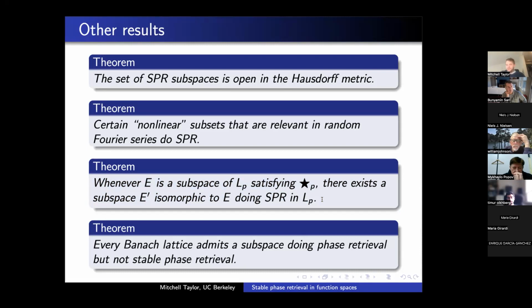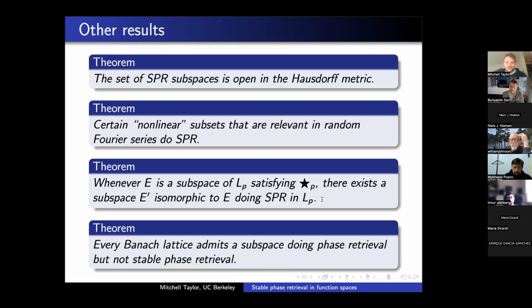One thing we were interested in is classifying, up to Banach space isomorphism, all subspaces of a Banach lattice that do stable phase retrieval. And for every example so far, up to Banach space isomorphism, the set of subspaces that can be embedded into your space that do not have an almost disjoint sequence are the same as those that can be embedded in an SPR way. I don't know if this answers your question.